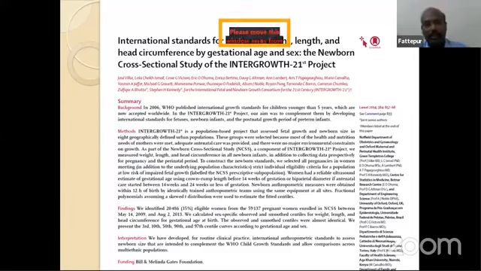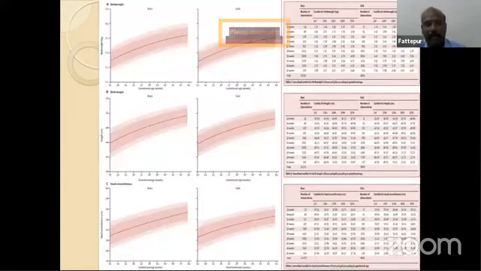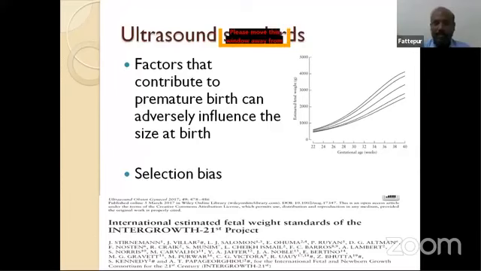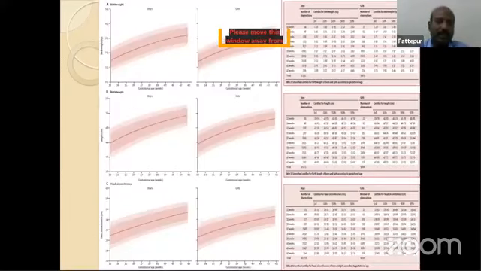The problem in this cross-sectional data is they have plotted only up to 33 weeks. They included more preterm babies, less than 33 weeks, but the number of babies for which the growth standards were taken was very small. So they separately studied this and supplemented these growth charts with the other study.